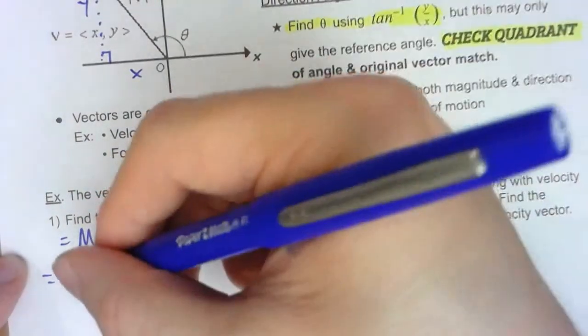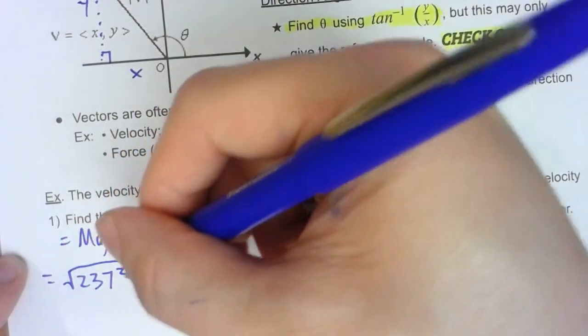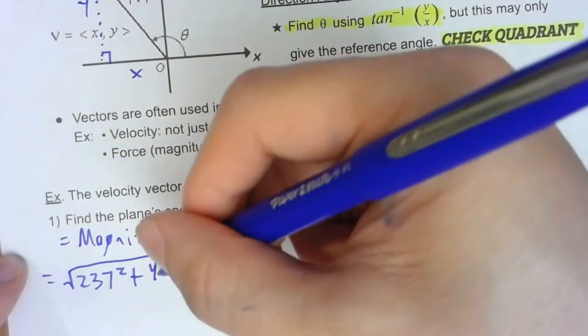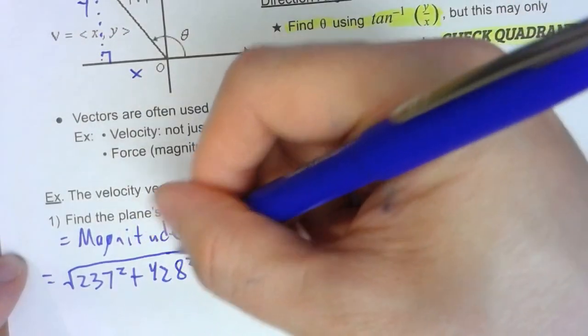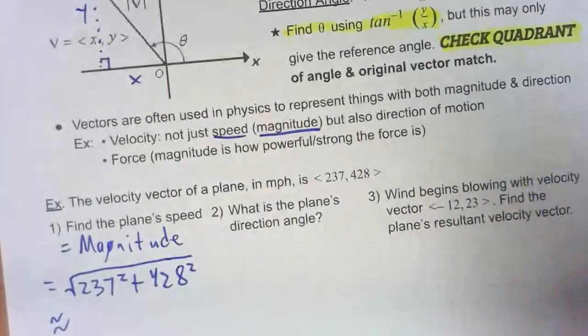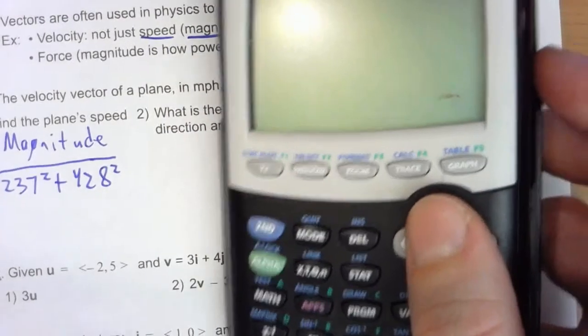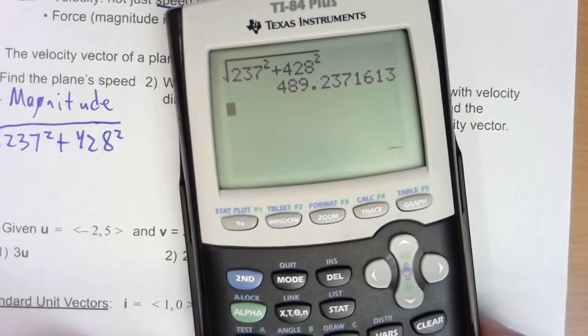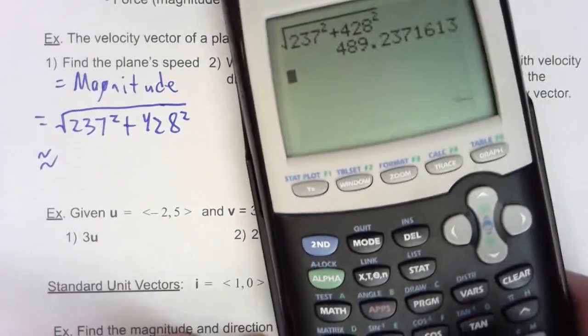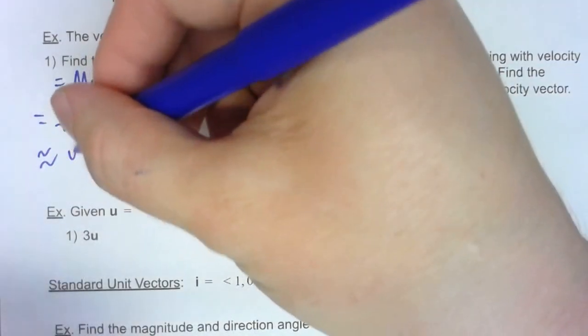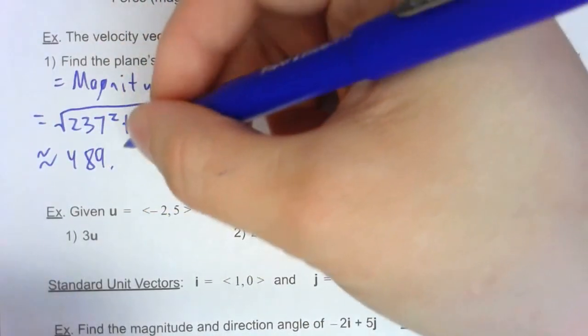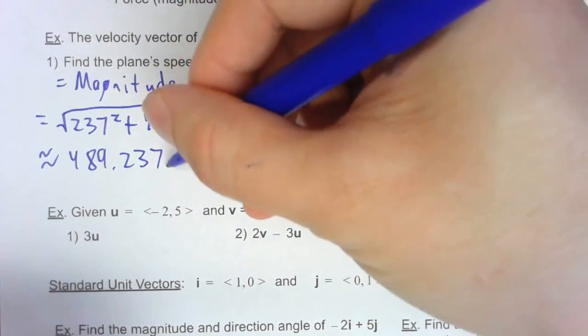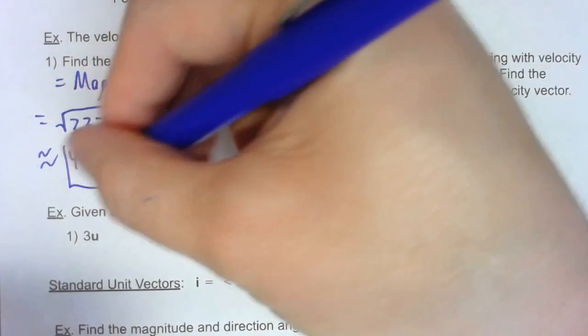So square root of 237 squared plus 428 squared. And we can definitely use our calculator for that. So the plane is flying almost 500 miles per hour, about 489.237 miles per hour.